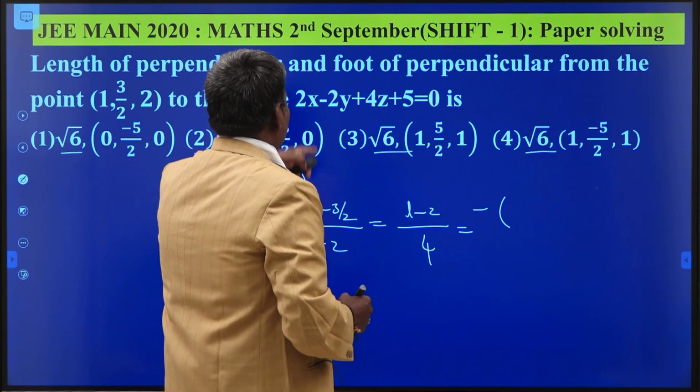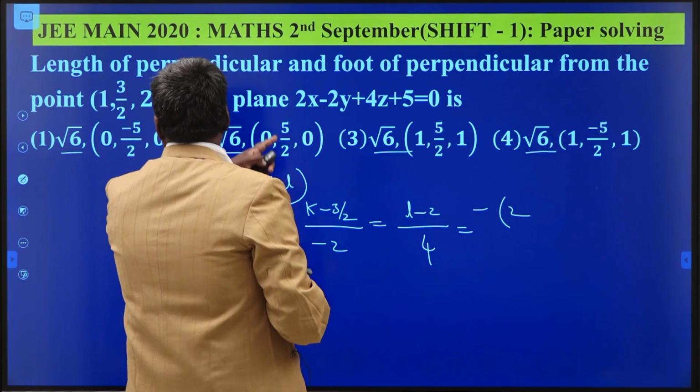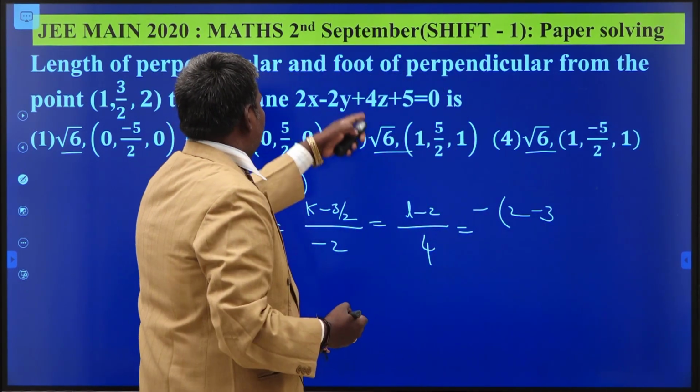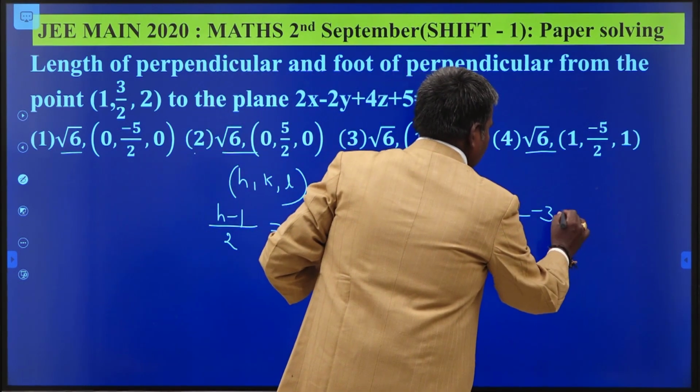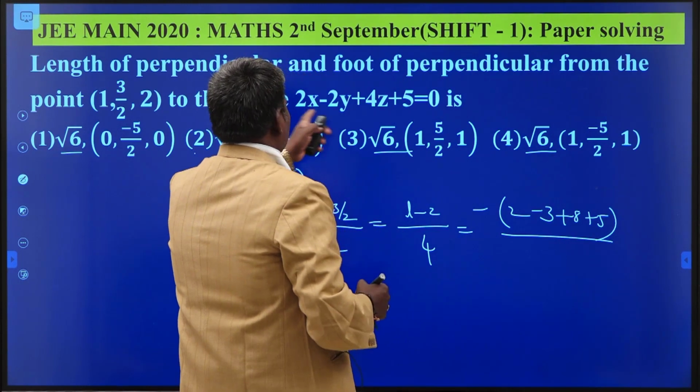That is what? 1 into 2, 2. Next, 3 by 2 times of minus 2, that is minus 3. Next, 2 times of 4, that is 8, plus 5, by a square plus b square plus c square.